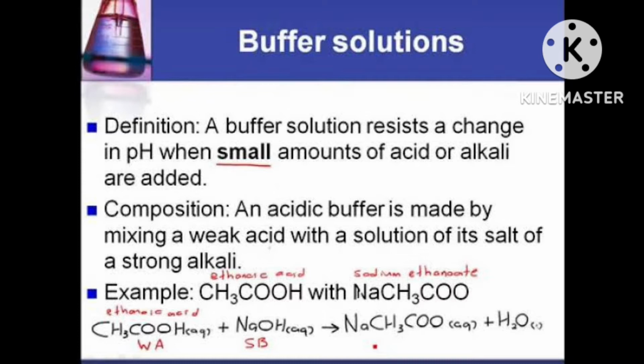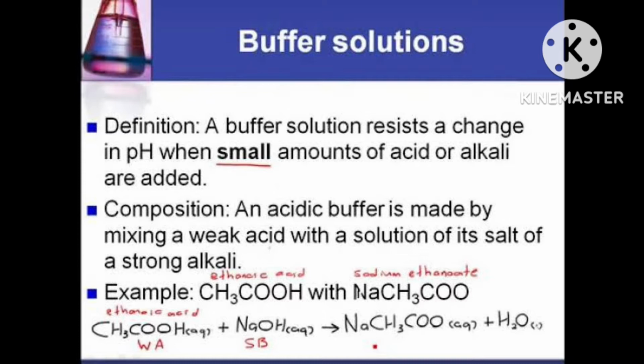In the first case, sodium acetate, being a salt of a weak acid, acetic acid, and a strong base like NaOH, gets completely ionized in aqueous solution. Here you can see sodium acetate will ionize in water into aqueous acetate ion and aqueous sodium ion.